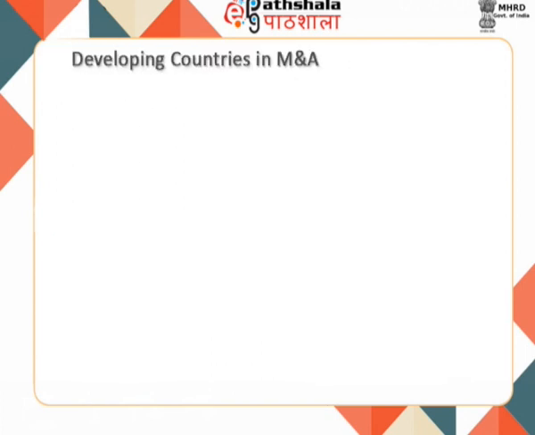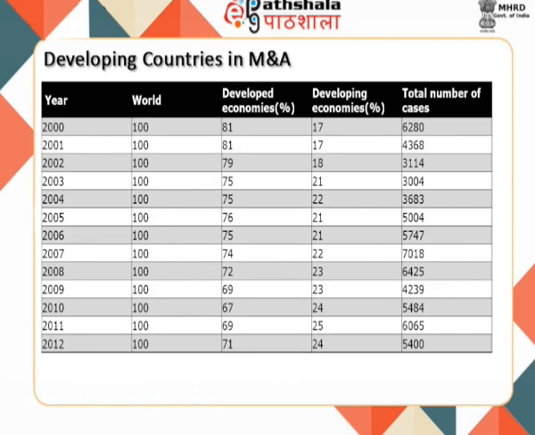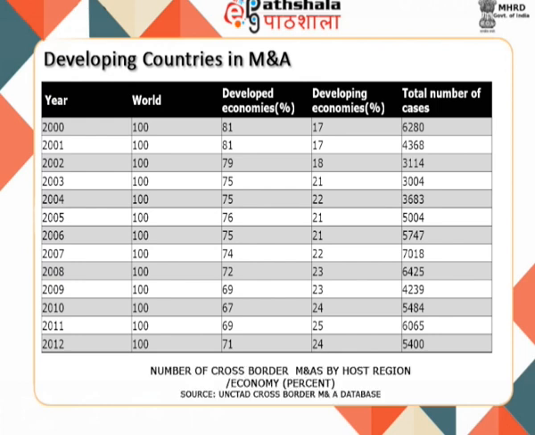It is evident from the table that although the share of developing countries in M&A transactions is on the rise, developed nations still dominate. It can therefore be concluded that M&A is the most preferred mode of entry in the context of developed markets.